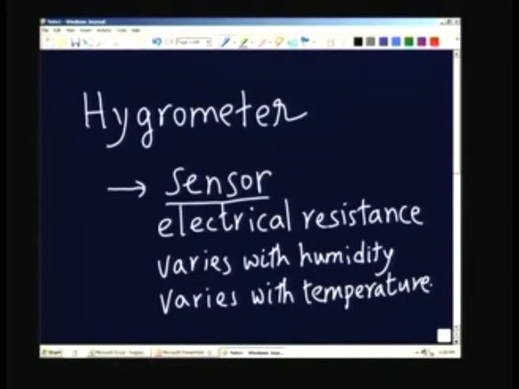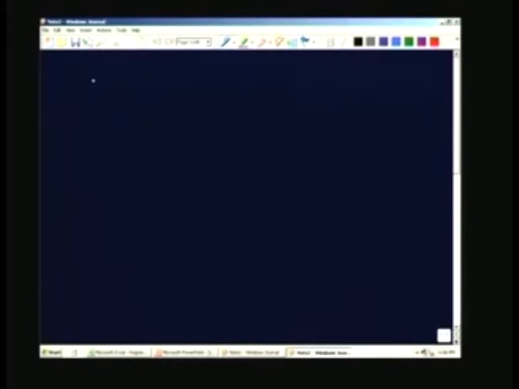That means, if R is the resistance of the element, this is a function of humidity, which we can indicate as the relative humidity RH, and temperature. So, the sensor responds to two quantities at the same time. It is a very typical example. Of course, we do not know to start with what will be the type of functional relationship.